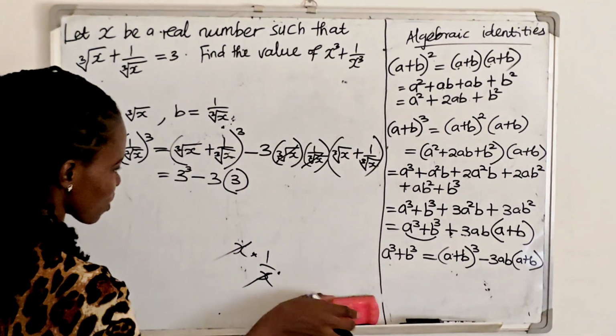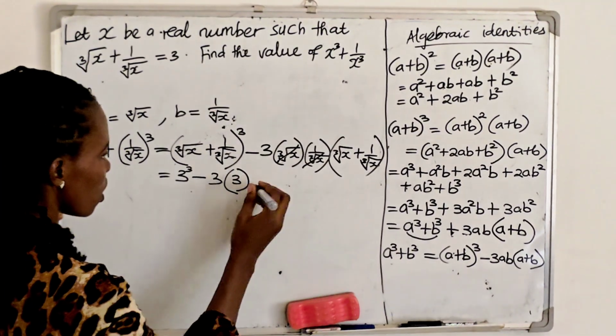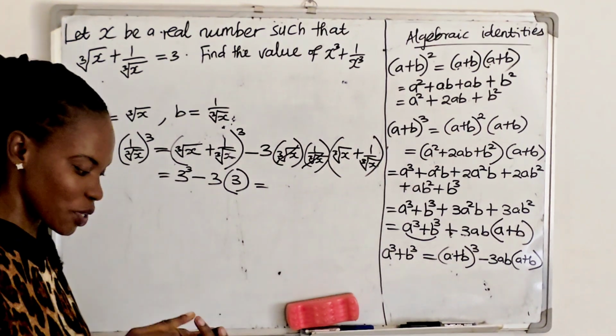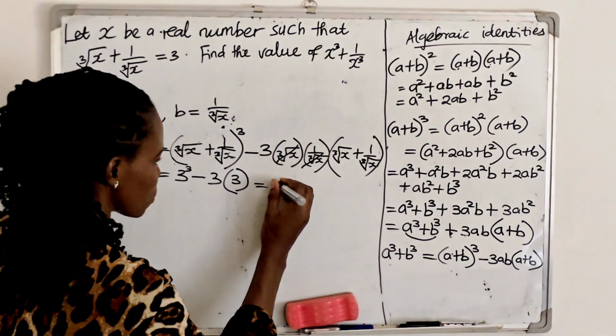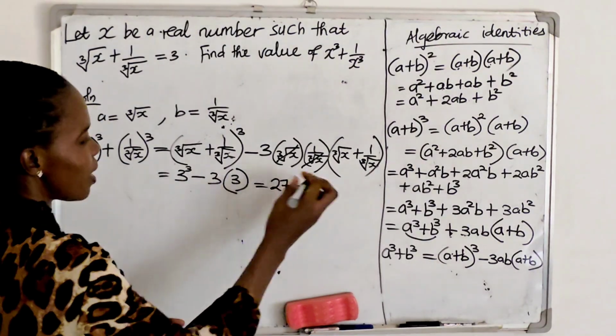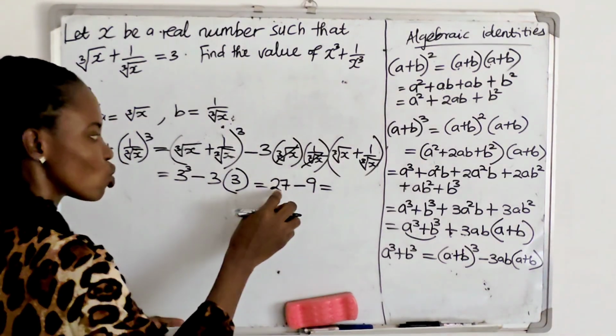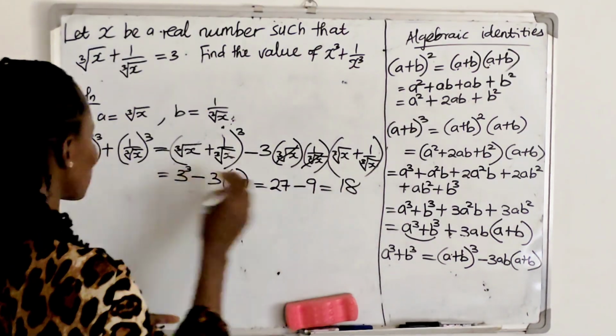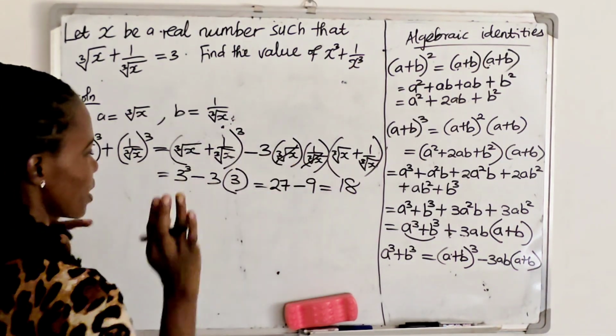Alright, so let's go further. This is equal to 3 raised to the power of 3, which is what? 3 times 3, 9, 9 times 3, 27. So I have 27 minus 3 times 3 is 9. So 27 minus 9 will give me what? 18. So everything here gave me 18.